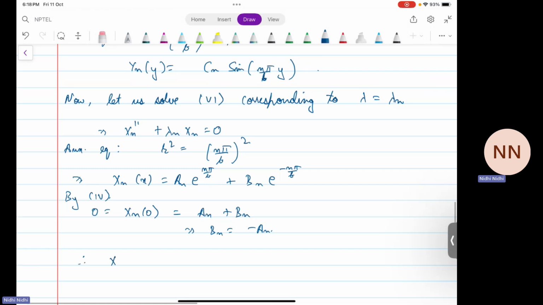Therefore, xn x is equal to an times e to the power n pi by b x minus e to the power minus n pi by b x.